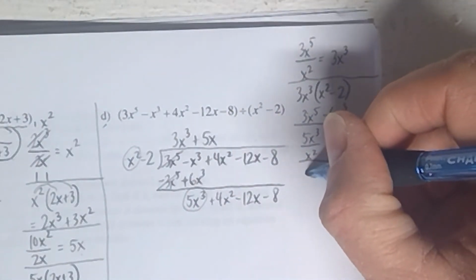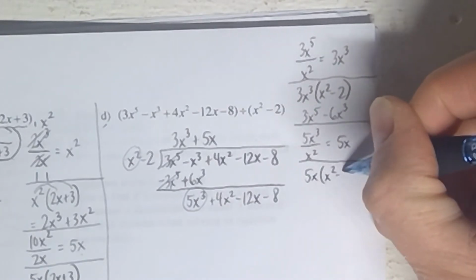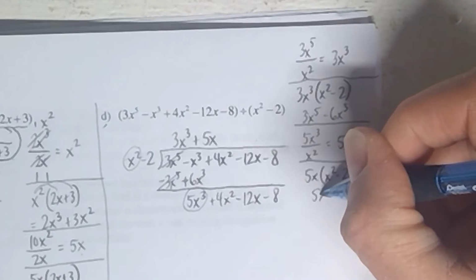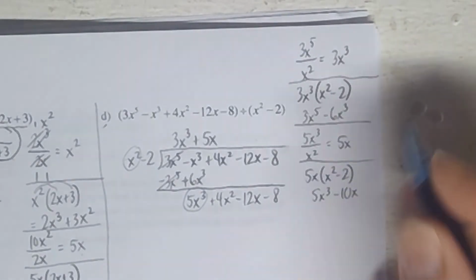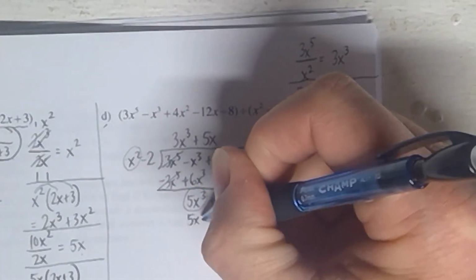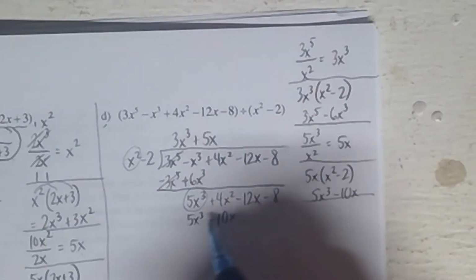Then I take the 5x, the answer from the division, and multiply it by the outside part, putting it in brackets again. And then we get 5x to the third minus 10x.